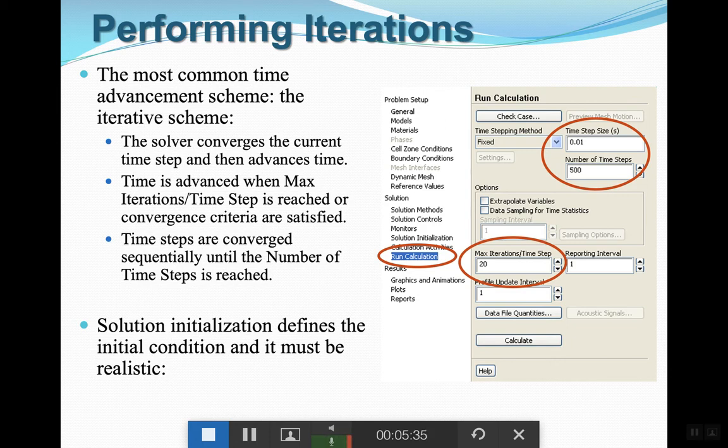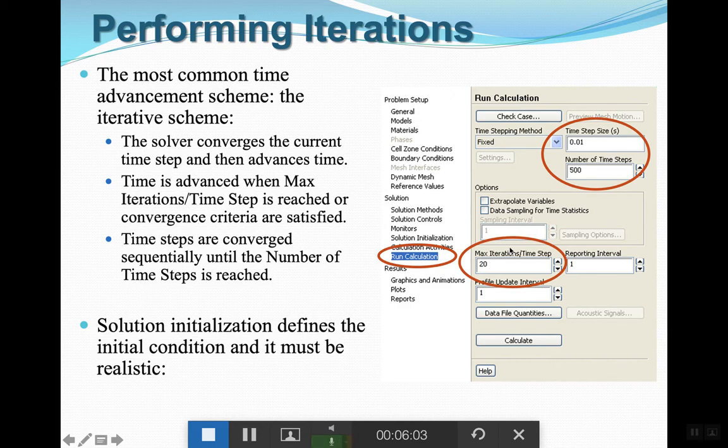Usually the number is around 20, meaning if you need more than that, say 100 or 200, to achieve convergence in each time step, that means your time steps are either too big or some numerical methods are not accurate enough. So try to keep this maximum iteration per time step around 20, 30, maximum 40.